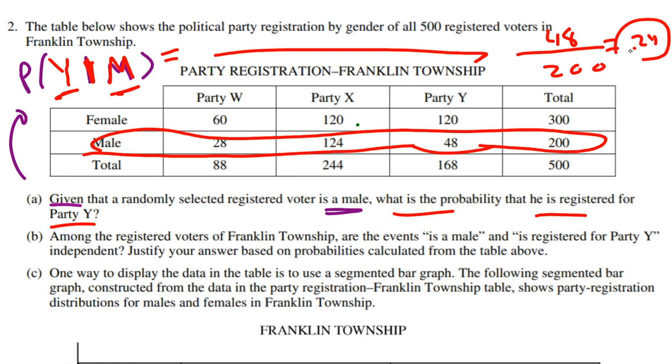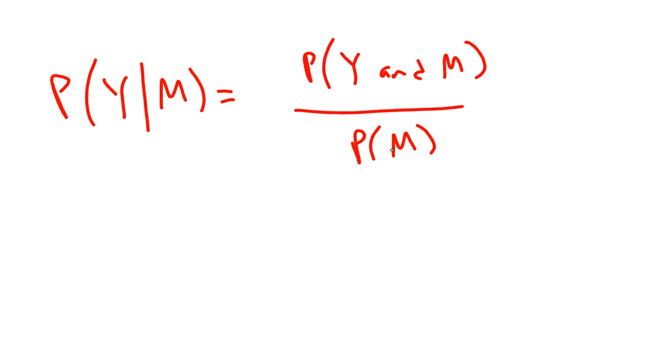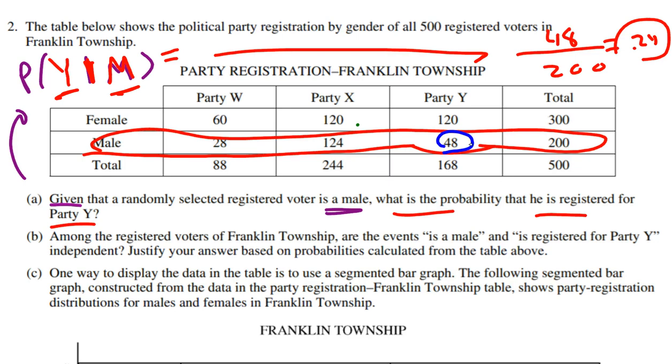If you want, there is a formula for conditional probability, and it says the probability of Party Y given male is equal to the probability of Party Y and male over the probability of male. If you were to use that formula in this question, it would work just fine. The numerator, probability of Party Y and male, is 48 out of 500.